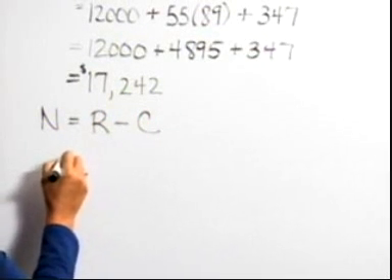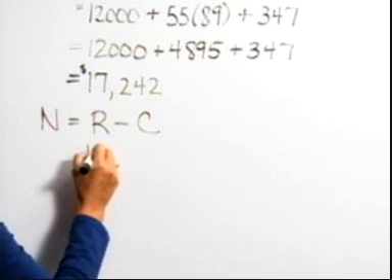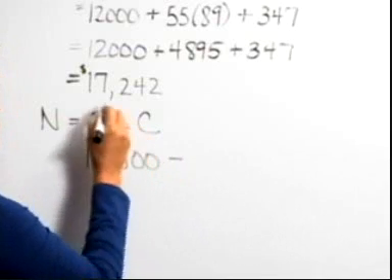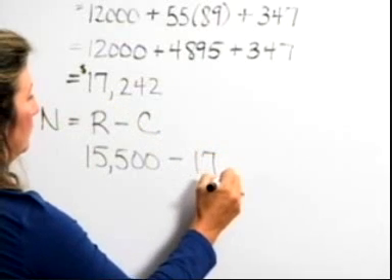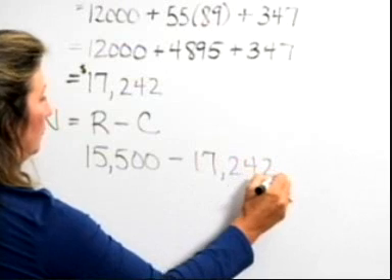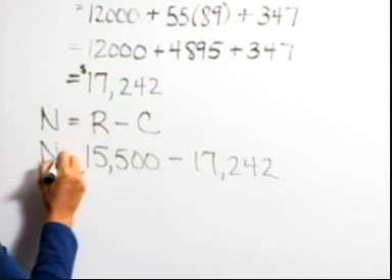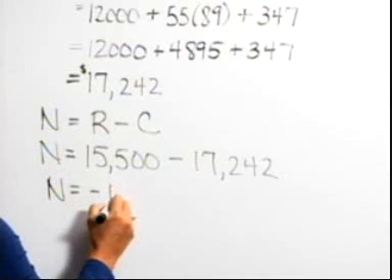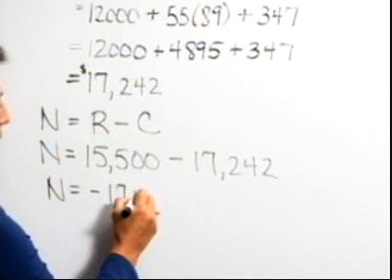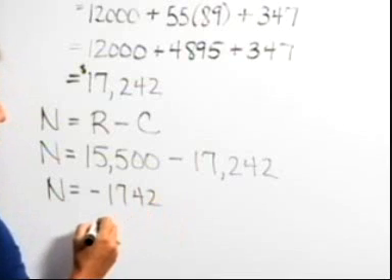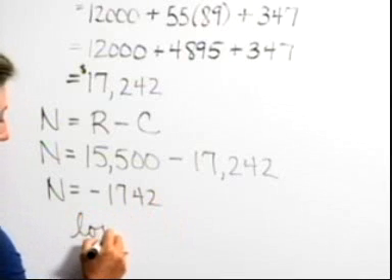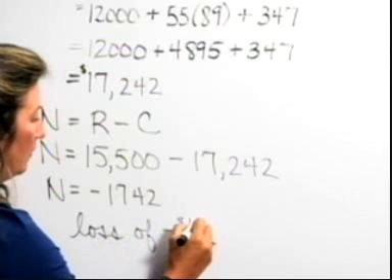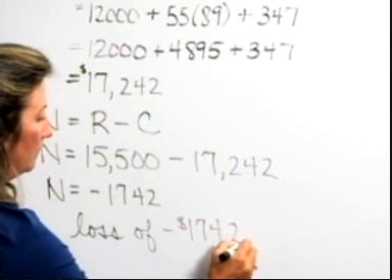In this case, we have a revenue of $15,500 minus the cost of $17,242. That's our net. So our net is equal to a negative $1,742, or in other words, a loss of $1,742.